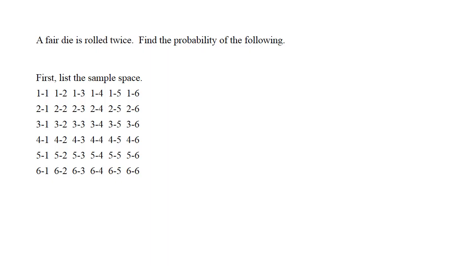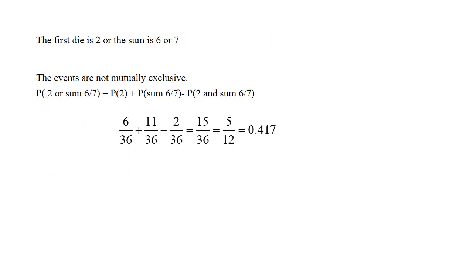The first probability question asks us to find the probability that the first die is 2 or the sum is 6 or 7. Again, this is an OR problem. This time the events are not mutually exclusive, so we have to use the addition rule for events that are not mutually exclusive.